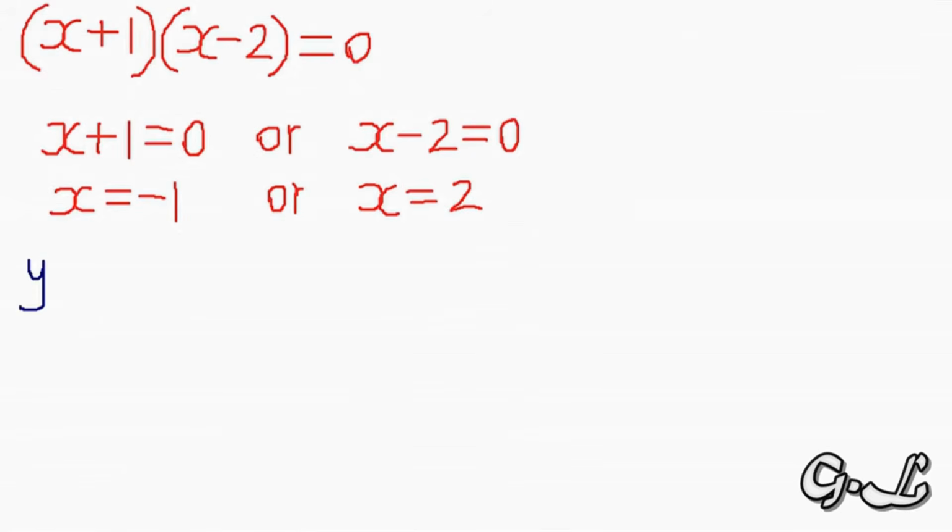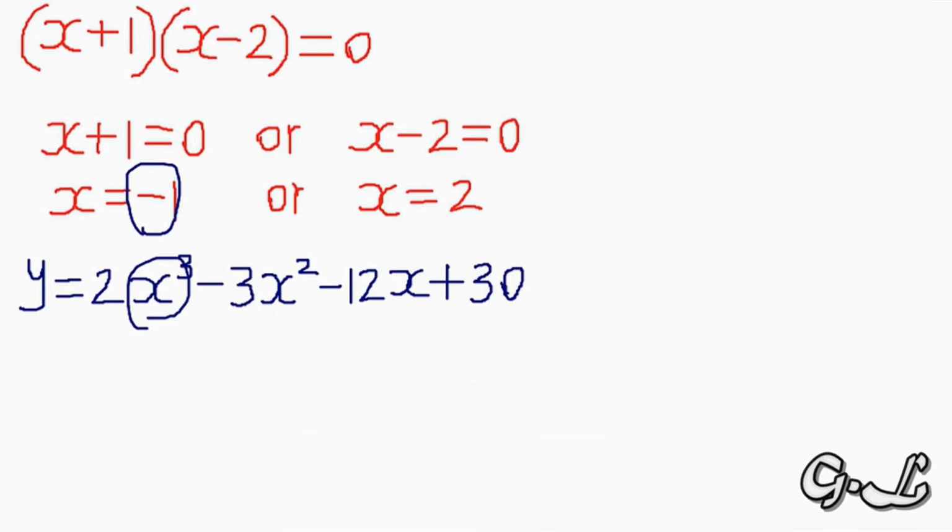The next thing that we have to consider is that you have to get the original equation that we are given. The original equation that we have is y is equal to 2x cubed minus 3x squared minus 12x plus 30.